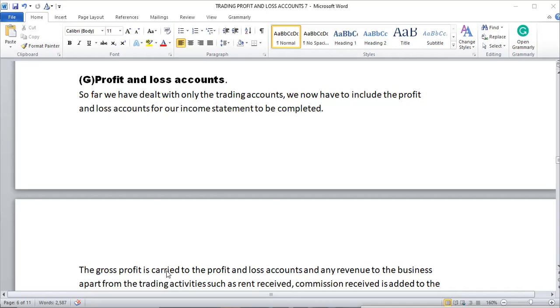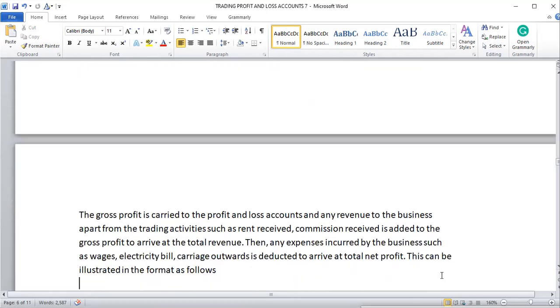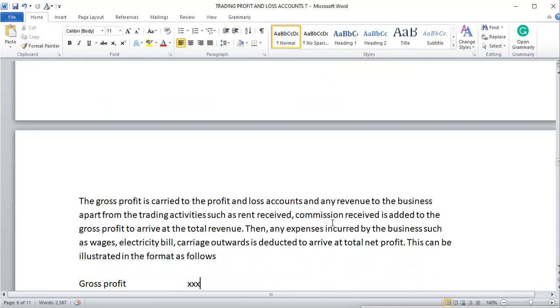The gross profit is carried to the profit and loss account, and any revenue to the business apart from the trading activities, such as rent and commission received, is added to the gross profit to arrive at the total revenue.